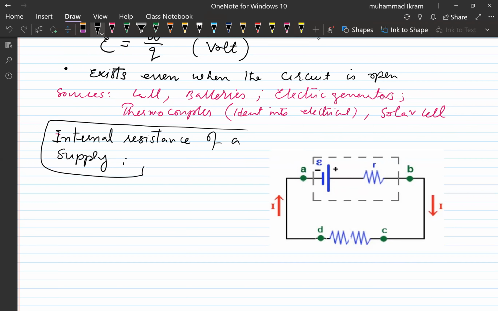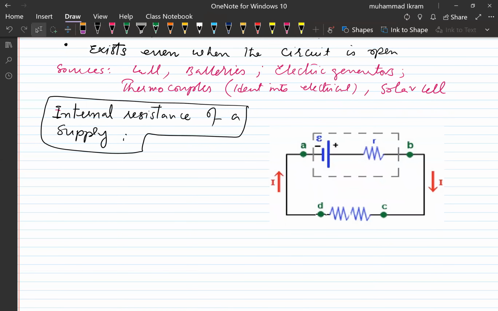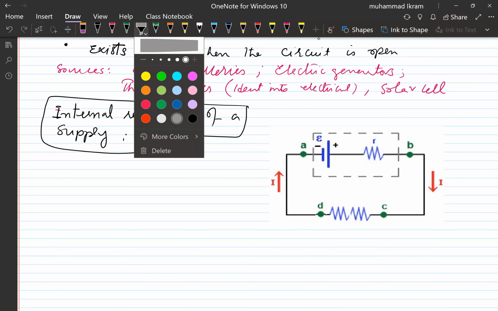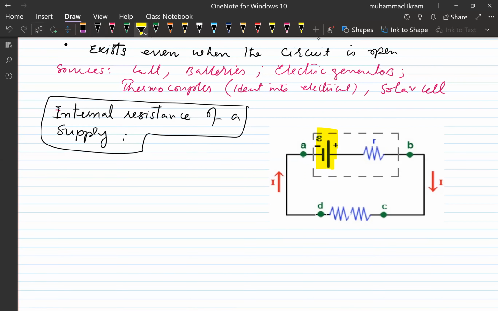Now, what do we mean by the internal resistance of the supply? Let us consider the electric circuit. As you see, our electric circuit consists of the EMF source, which I label as this one.